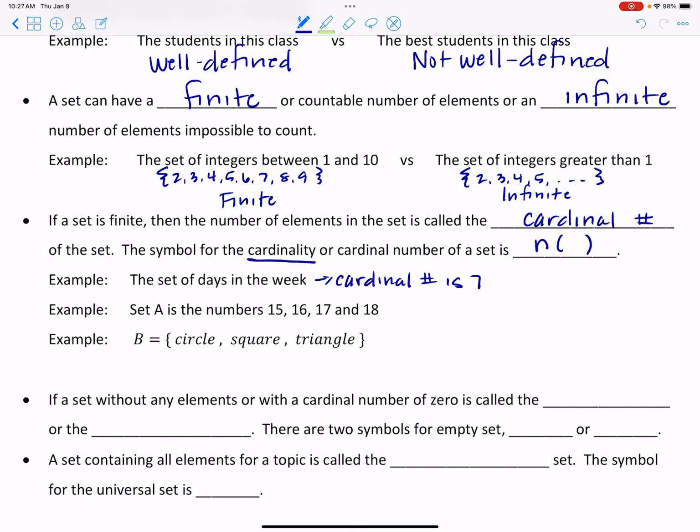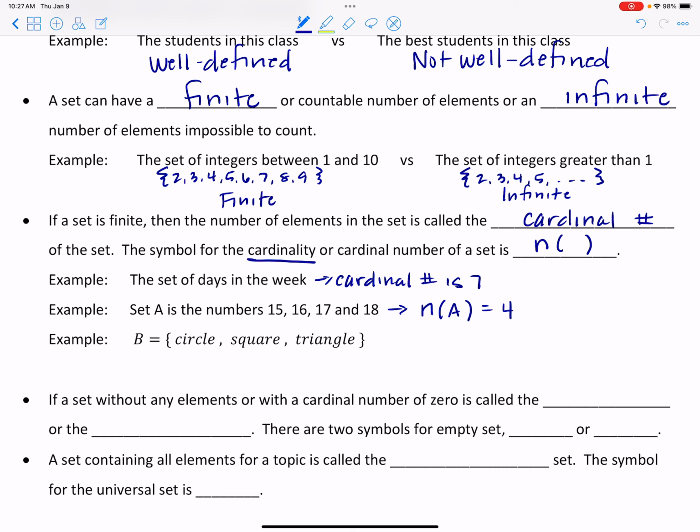Whereas if you look at the second example, it says set A is the numbers 15, 16, 17, and 18. So since this is named, we have a name for this set, it's set A, we can use the notation. We can say that the number of elements in set A, using that symbol, that notation, would be 4. There are 4 elements in set A.